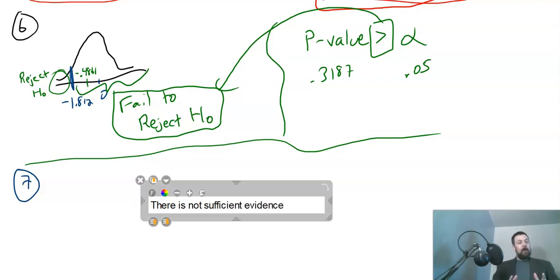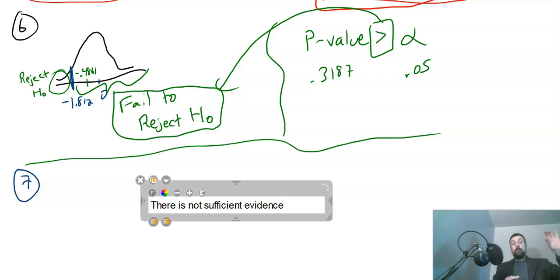So if you fail to reject, it's going to be not sufficient evidence. Then you have to decide, is it to warrant rejection or to support? And that depends on whether the claim became the null or the alternative hypothesis. So in this case, the claim became the alternative hypothesis. So whatever we can say about the alternative hypothesis, we can say about the claim.